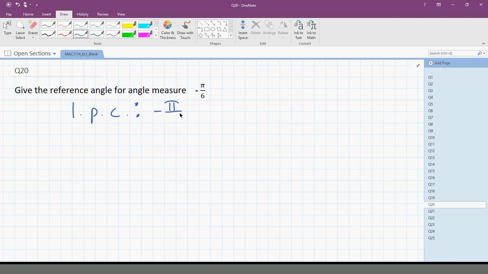So negative pi over 6 plus 2 pi gives us what? 11 pi over 6. There we go.